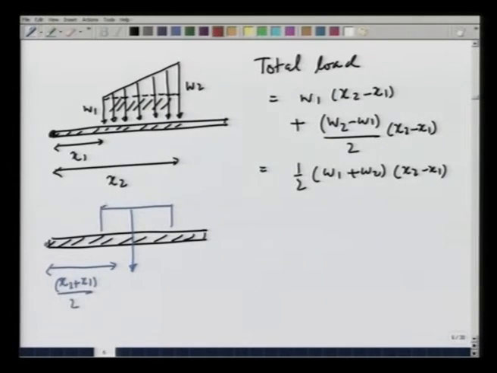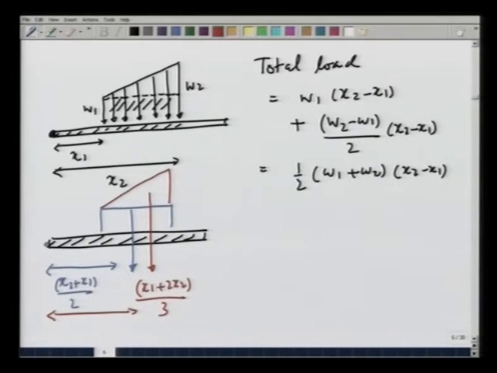Similarly, the triangular loading, which we just calculated in the previous slide, acts at (x1 plus 2 x2) divided by 3 distance from this point.